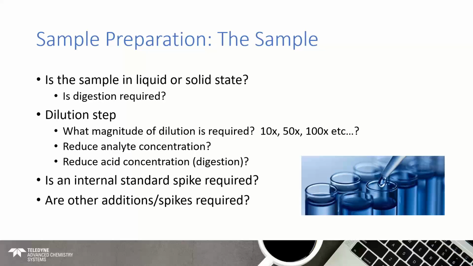Is it to reduce the acid concentration if you've done a digestion, or another concentration of some other reagent? If so, what is the magnitude of dilution that's required? Is it something like a 10-fold dilution or a 100-fold dilution, or is it more than that? So that's the next question to ask here.